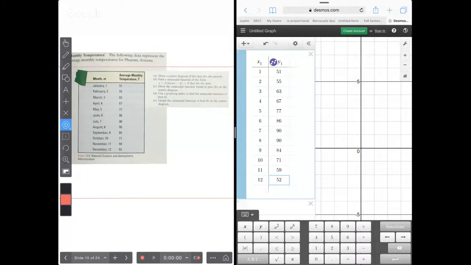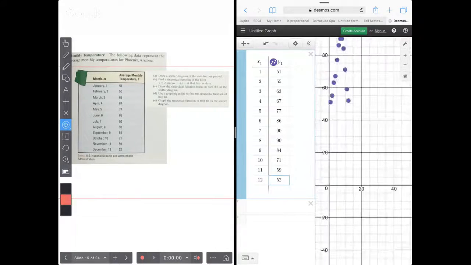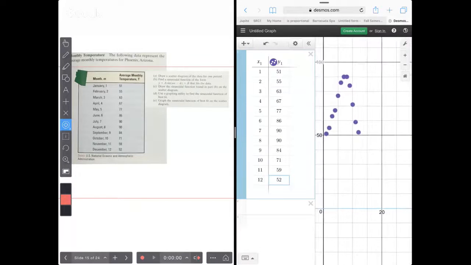Cool. So here I've got all my data in this cool table, and we can see it makes a nice looking sine curve.